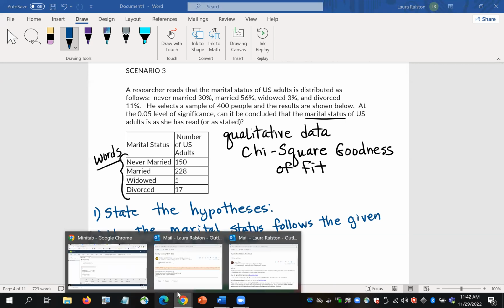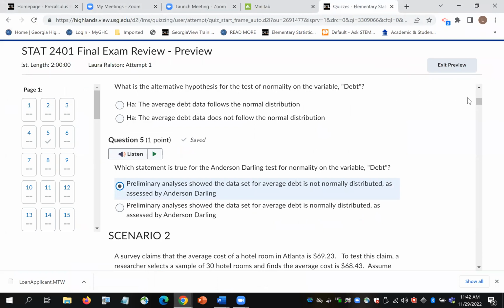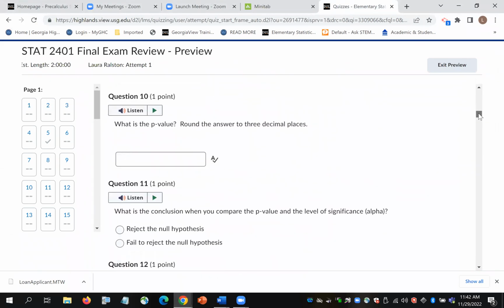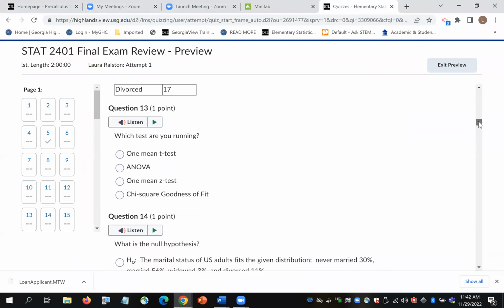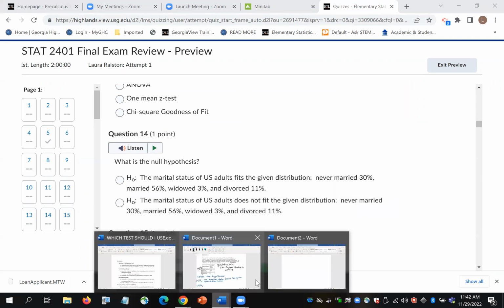Now, you could write that out, and I want to show you, because I looked at it earlier this morning, how it's worded in D2L. Let me scroll down to scenario 3. It lists it out: the marital status of U.S. adults fits the given distribution, and it writes out what that distribution is. The important piece here, guys, is that for the null, it needs to fit or equal the distribution, and for the alternative, it does not.